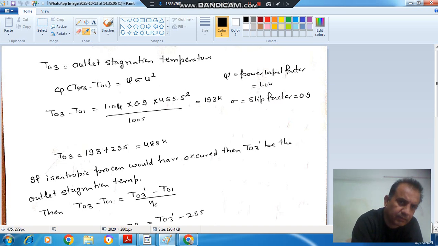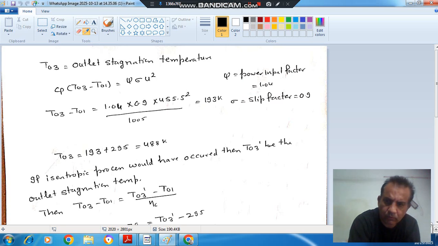This work done will be converted into heat energy. Heat energy is Cp times T03 minus T01, where Cp is 1005. That is your temperature rise. It will come out as 193 Kelvin, and initial stagnation temperature is 295, so the final stagnation temperature at the exit of the diffuser will come out as 488 Kelvin.